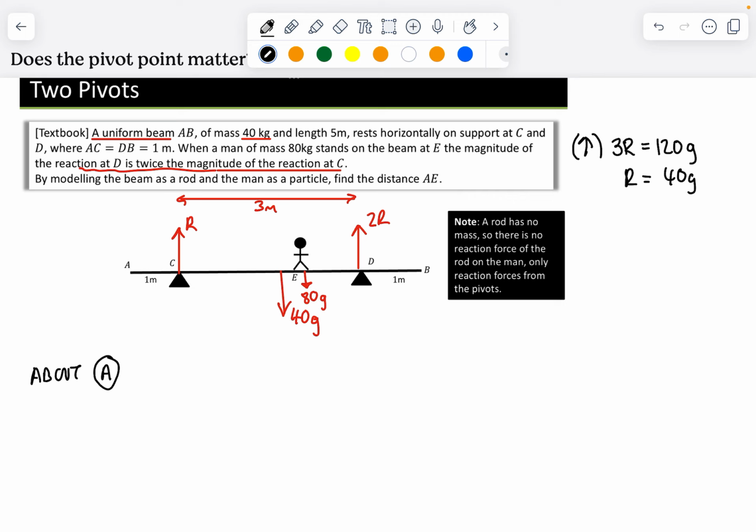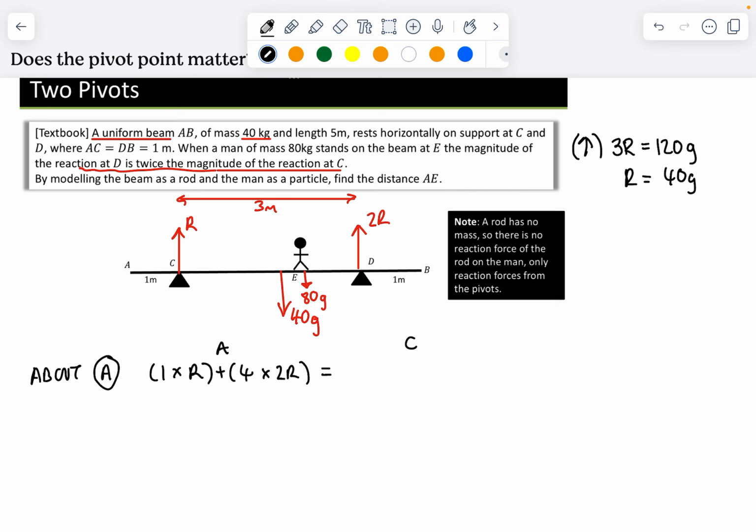Right, so let's arrange our forces anti-clockwise and clockwise. So I've got the distance of 1 times the force of R. That's my first reaction force. Then I've got a distance of 4 times my other reaction force, which is 2R. They're going up, so they're my anti-clockwise.